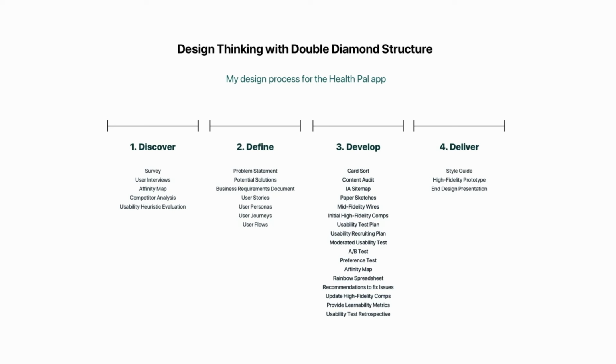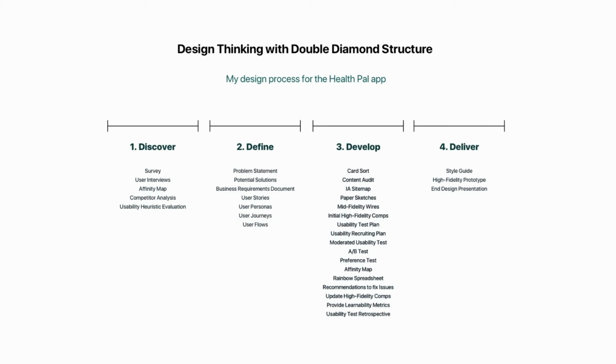The four verticals of the structure are discover, define, develop, and deliver. Under discover, you have the surveys, user interviews, something known as affinity maps, competition analysis, and usability evaluation. Heuristic is a different term here, but we could just say usability evaluation.